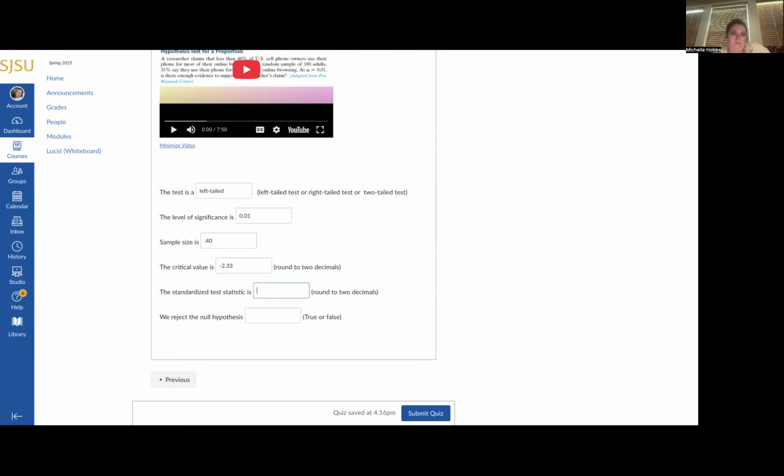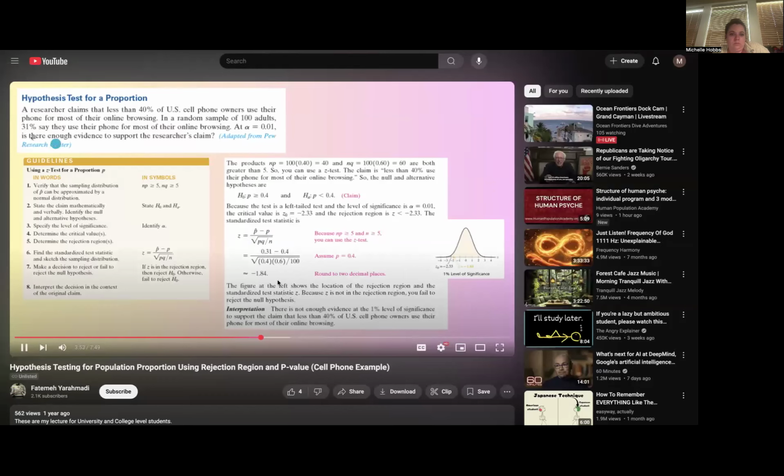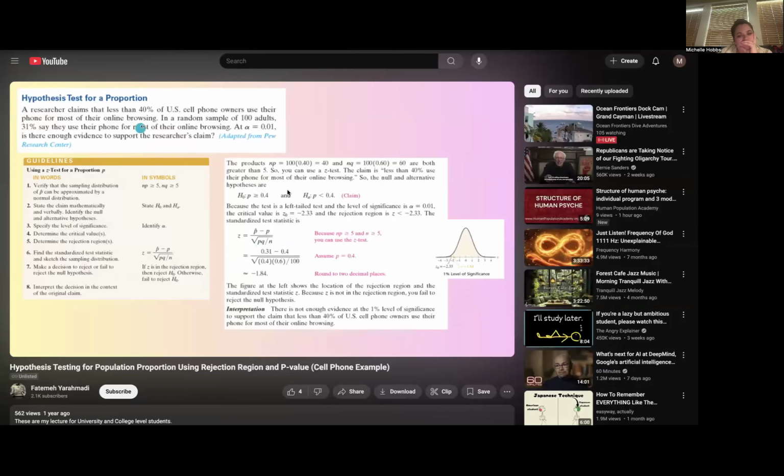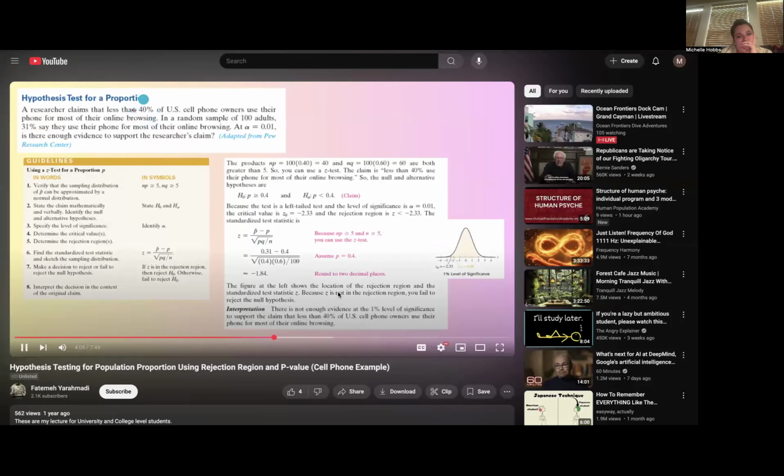This z is p hat minus p. P hat is the probability of success in the sample, which is 31%. 31% minus 40% divided by square root of p times q. P is for the population, the guessed population. This is our educated guess about the population.